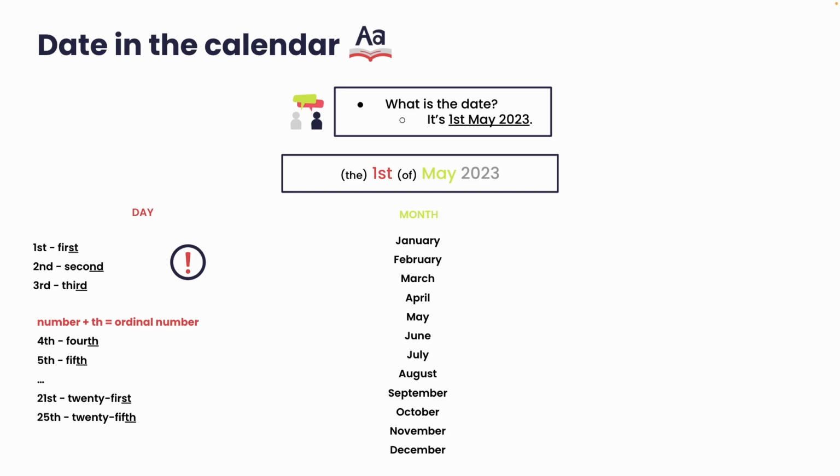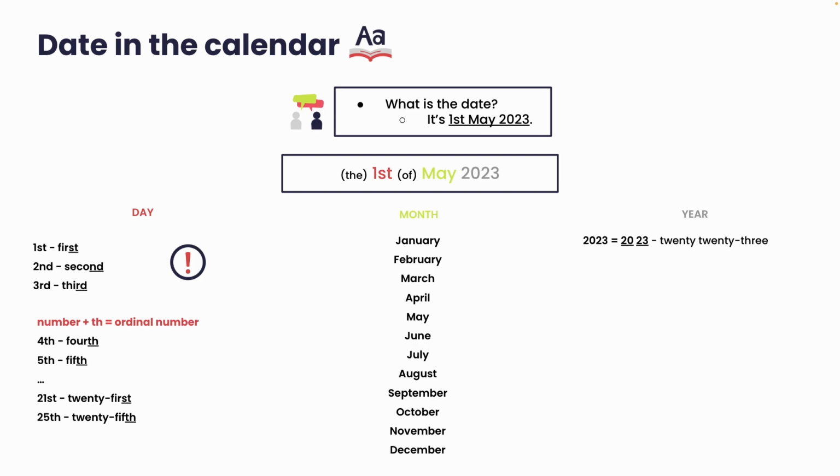And the third part of the date must be the year. So here we go with how to read the specific years. Okay? Let's go with that. For example, 2023.